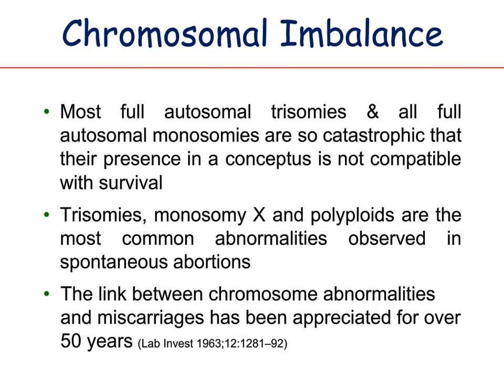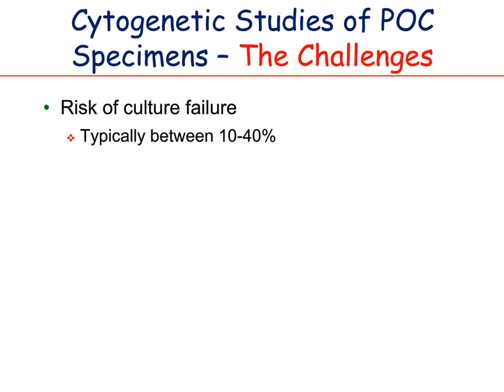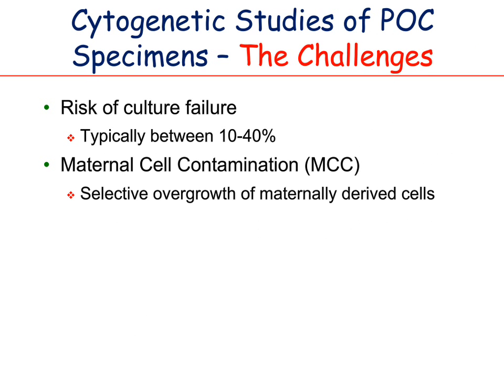So what are the challenges when we try and analyze miscarriage specimens? One of the well-known challenges is the risk of culture failure, which, if you look at the published studies, ranges from 10 to 40%. There is the risk of maternal cell contamination, really depending on the type of tissue you get and how it's being dissected out.